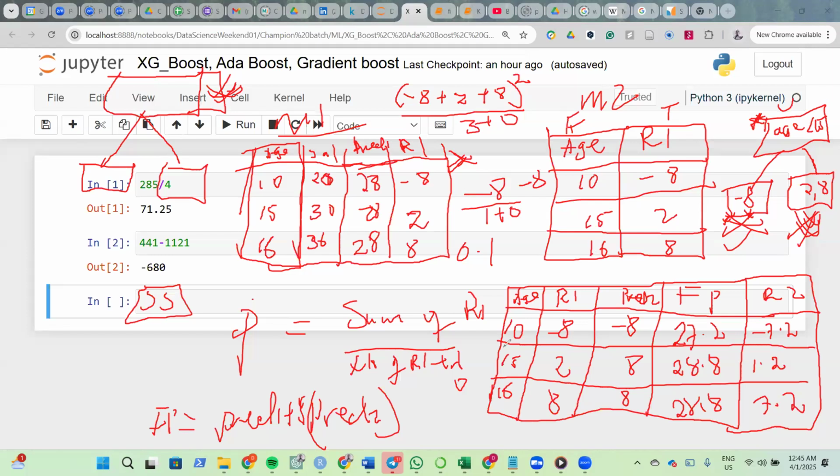And if you come to the next value, h equals 15, it comes to this branch. What is the sum of residual here? There are 2 residuals here. Oh no, sorry. This was supposed to be 2 plus 8, which is 10, not 16. It's 10 divided by 2, so here we're supposed to have 5.